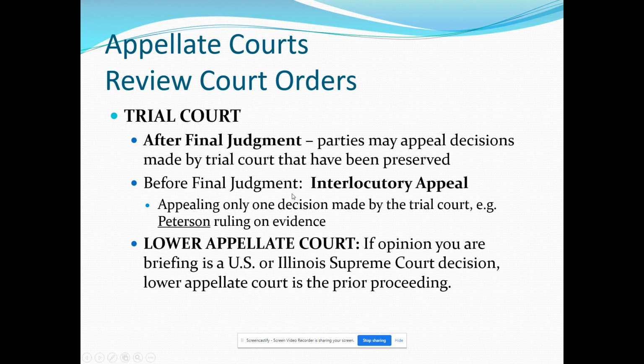But if there's an appeal of an order before final judgment, we call that an interlocutory appeal, like Peterson. So if you are briefing a U.S. Supreme Court or Illinois Supreme Court decision, the ruling that you are questioning is the lower appellate court, so the Illinois appellate court or the federal appellate court.